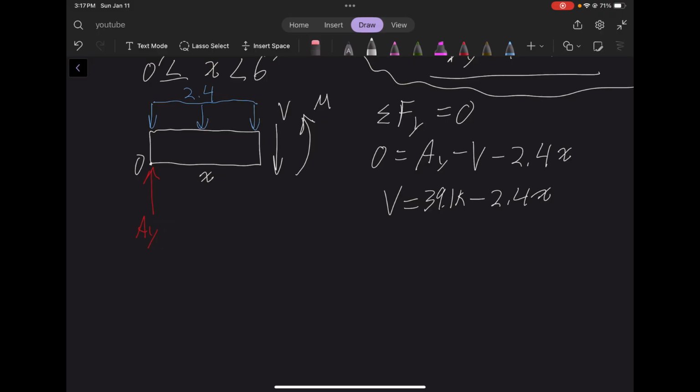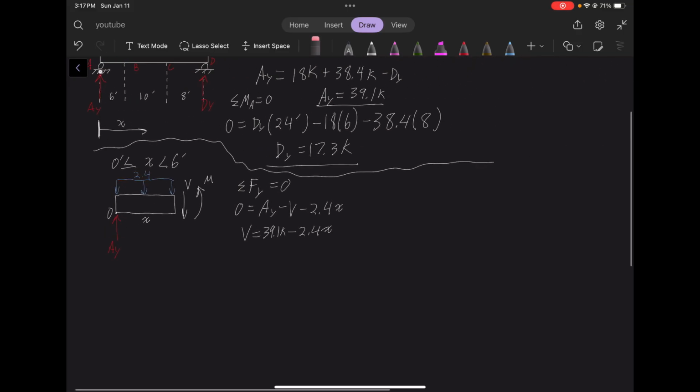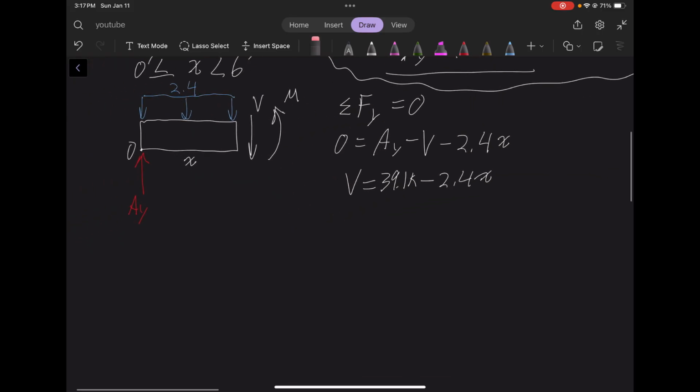You have two different ways to do this. You can either integrate this, because the moment is the integral of the shear. It would take too long for me to explain right now, but all you really need to know is that the moment is the integral of the shear diagram. Once you start to realize how that works, it makes problem solving so much easier.